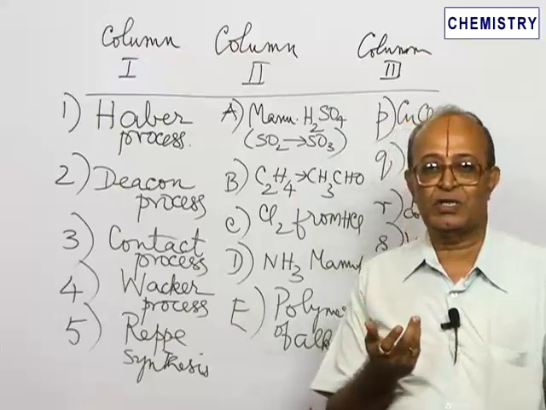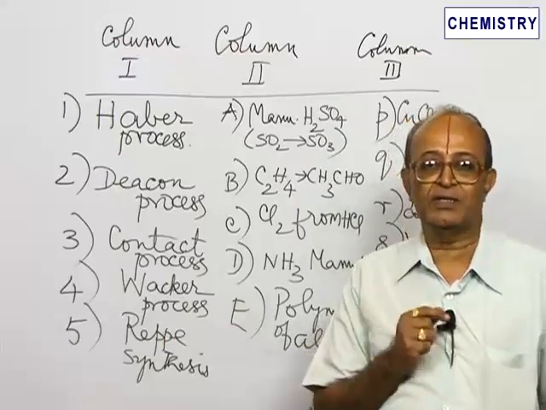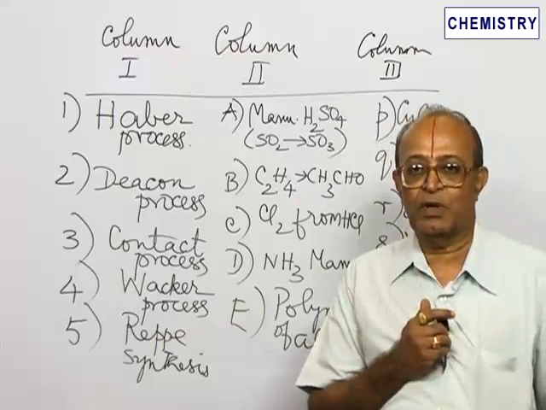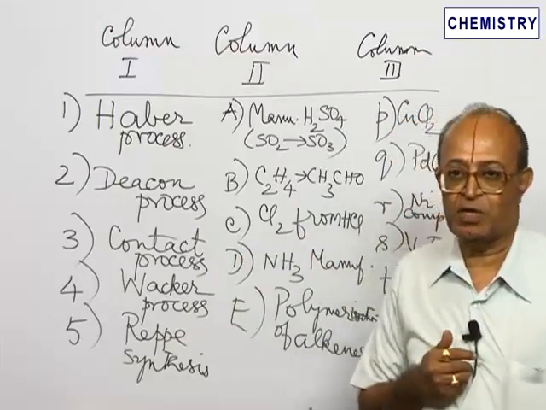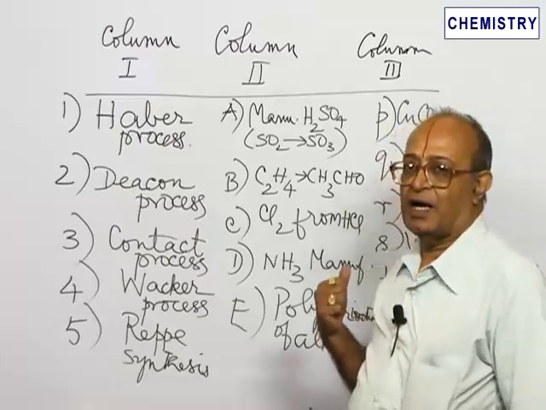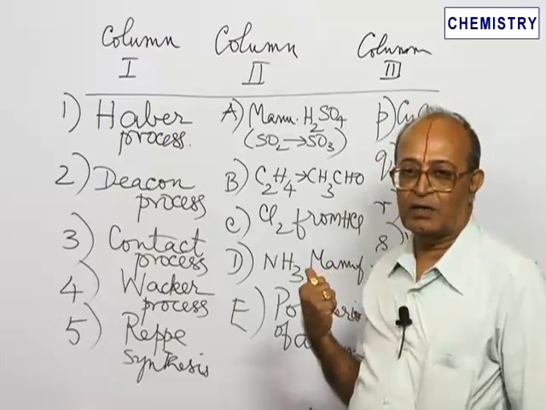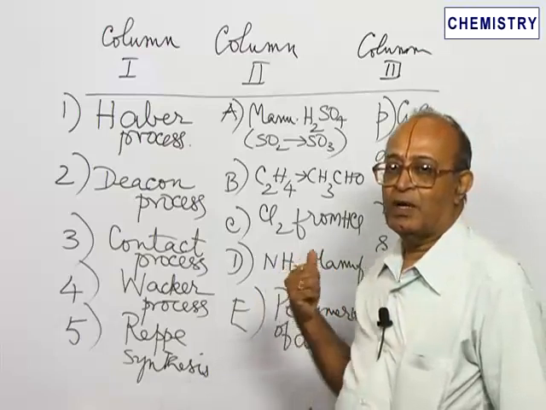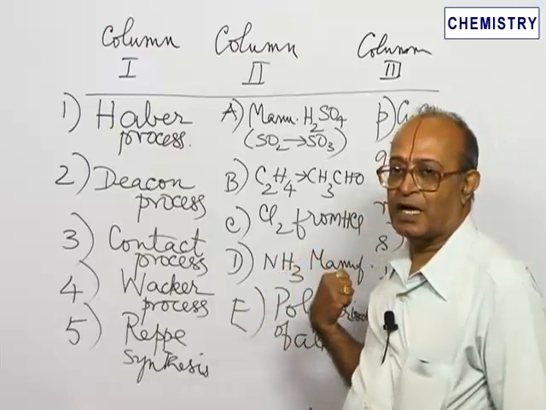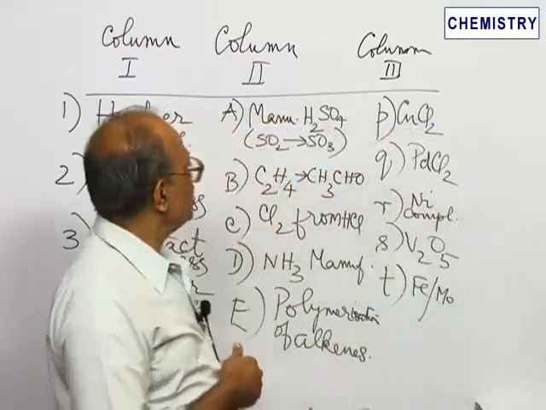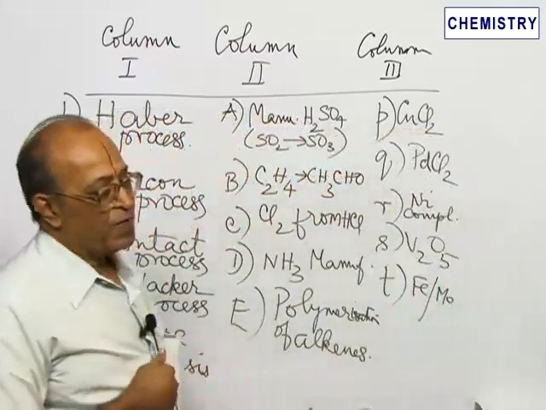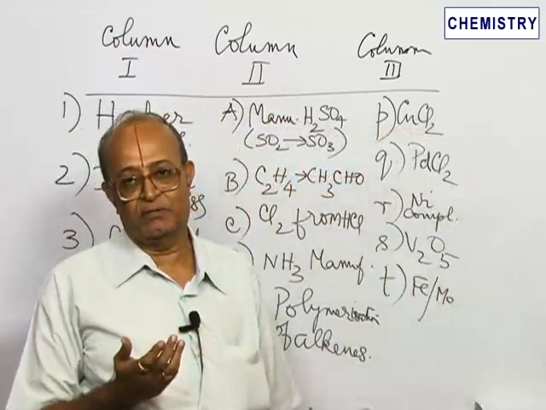Now you can use for your convenience column 1 and 2 or 1 and 3 or 2 and 3 as the case may be. But here I have connected all the three columns: name, conversion and catalyst. Now you can notice Haber process. Haber process you are quite familiar with.